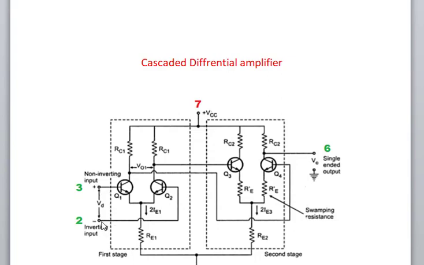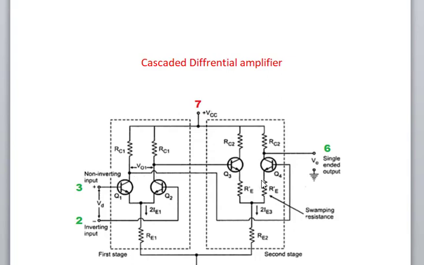The other input is called the inverting input. So the operational amplifier has two inputs, one inverting and the other non-inverting. It has only one output, the sixth pin.